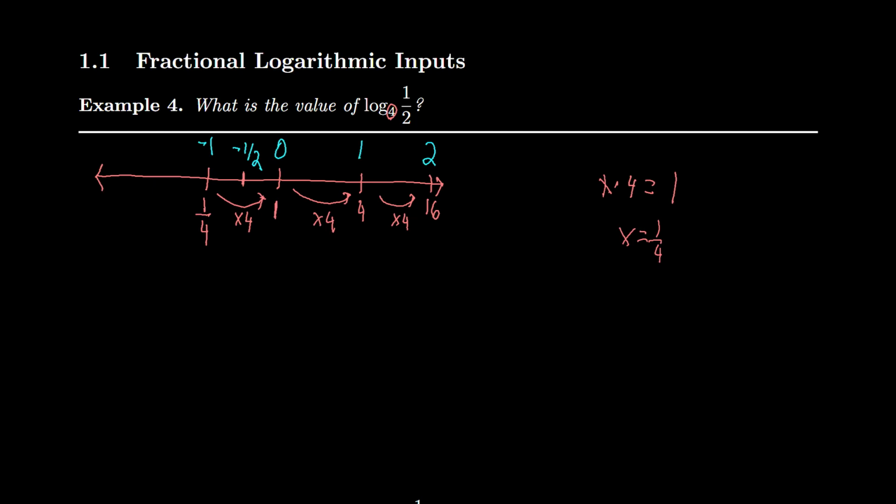Instead of a times 4 to get from 1/4 to 1, you multiply by times 2 to get between here. That's a times 2, and then a times 2 again would get you there. It's the same thing as that whole times 4. And 1/4 times 2 would give you a -1/2.